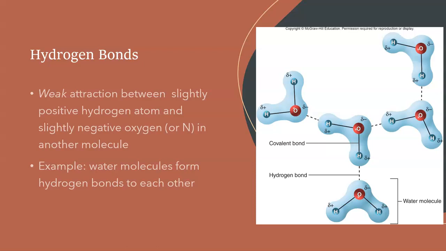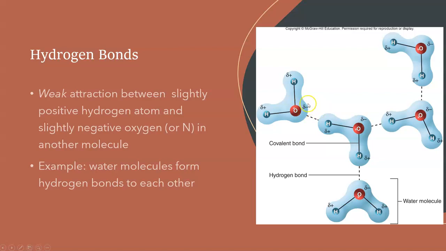That leads to an interaction called a hydrogen bond. Now, they're called hydrogen bonds, but I don't necessarily like, and I think a lot of people don't like, the term bond because it's not an actual bond, it's an interaction. You see how these hydrogen bonds are these dotted lines, whereas a covalent bond is a strong black line? That's because these molecules are not exactly bonded together.